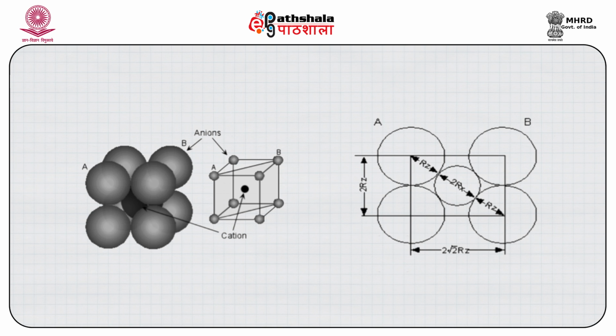So, the radius ratio of the cation and anion determines how many fold coordination, that is the environment around a cation, will occur.